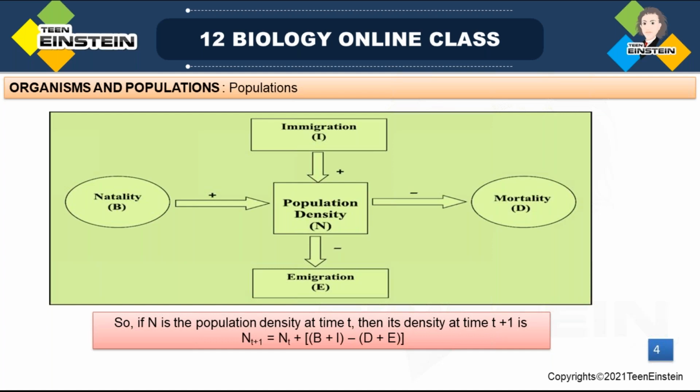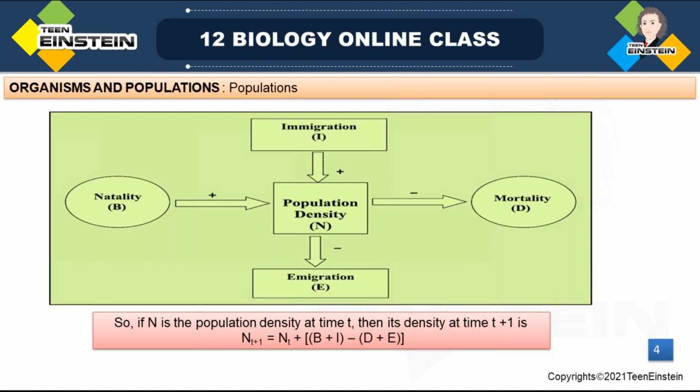Then at T plus 1, the next time, what will be the population density? Within that time, many individuals might have died, or new births might have taken place. There might be immigration or emigration. Everything would have happened, so we need to calculate all these things.